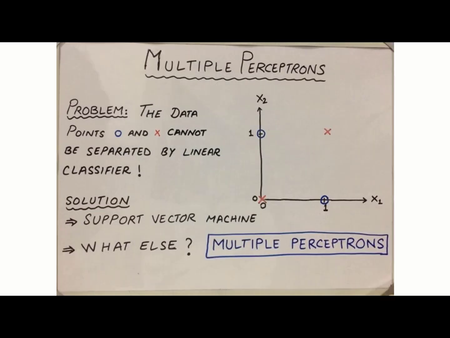Now, quite naturally, if we know that the single perceptron is not going to work, then one can resort to using multiple perceptrons.